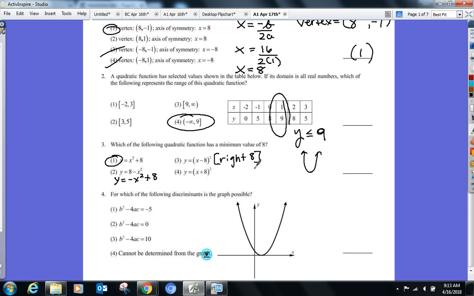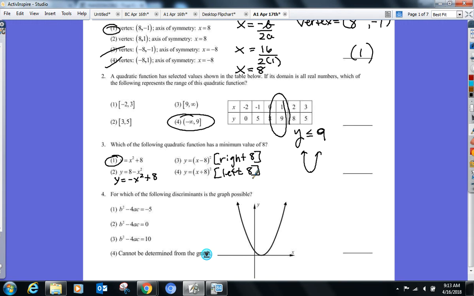So it's still going to be right here at 0. That's the minimum value. And then plus 8 would be moving to the left 8. So again, flip over the x-axis, move up 8, right and left when it's inside the parentheses.